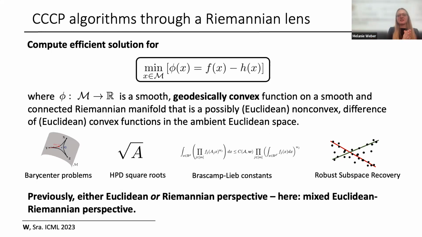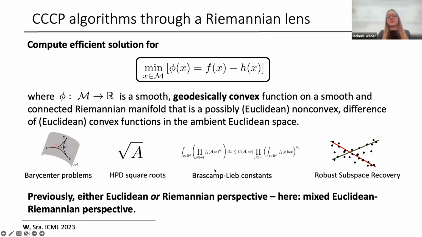Difference of convex optimization in general has a very rich literature, both from the Euclidean and also more recently from the Riemannian perspective. In the Euclidean setting, this is a classical setting for non-convex optimization. And in particular, one of the classical algorithms for solving difference of convex optimization in the Euclidean setting is CCCP, which is also the class of algorithms that we will consider in this talk.